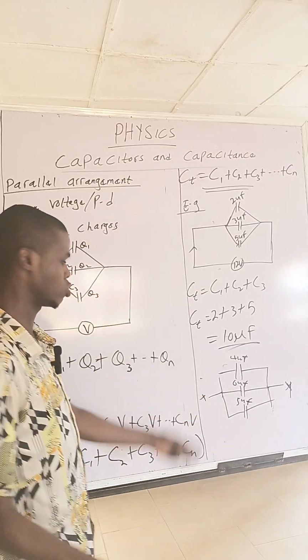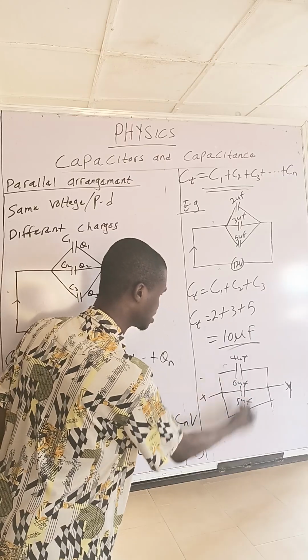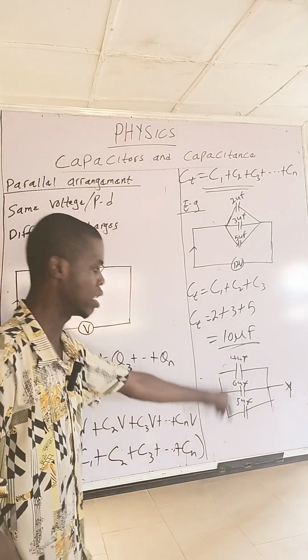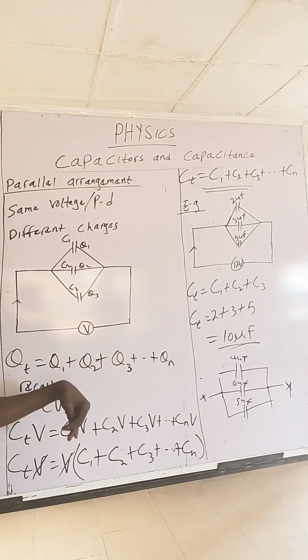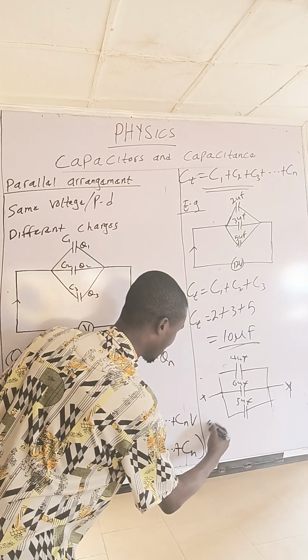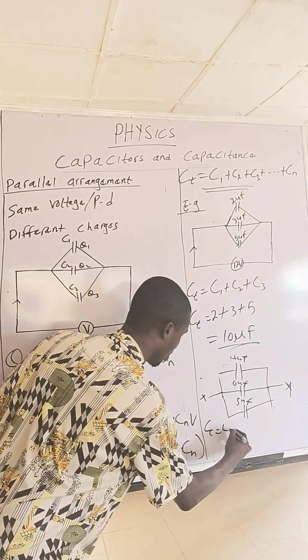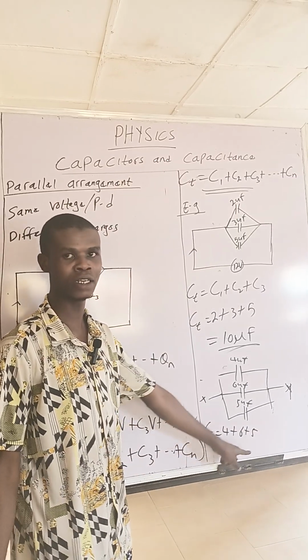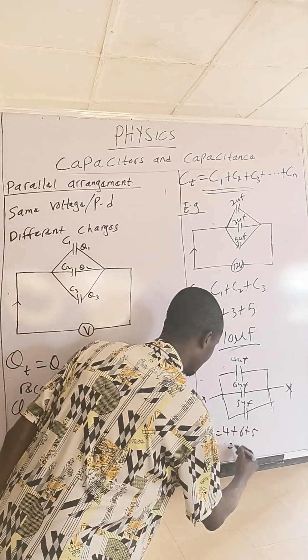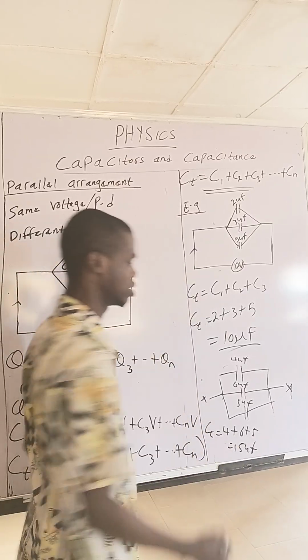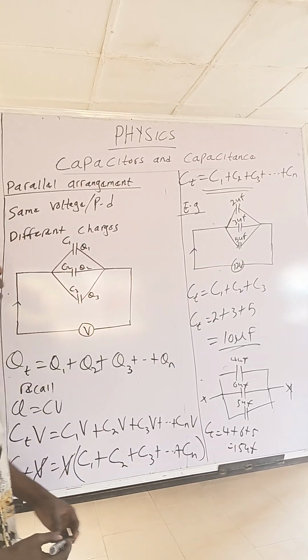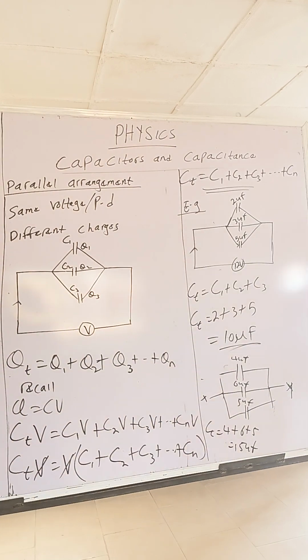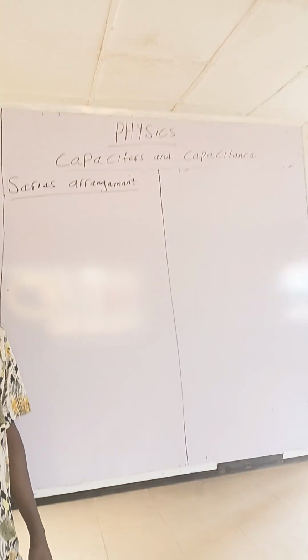Since you can see they are parallel, the total capacitance C total becomes 4 plus 6 plus 5. So 4 plus 6 gives 10, plus 5 gives 15. So something like this is a parallel arrangement of capacitors.